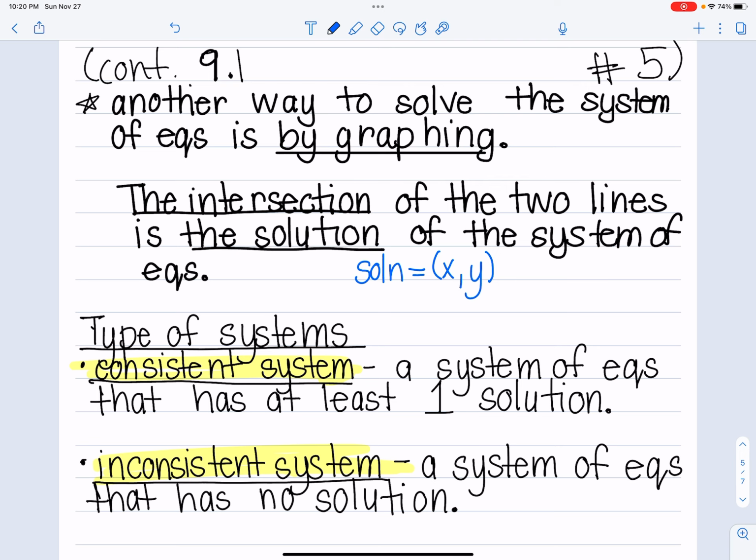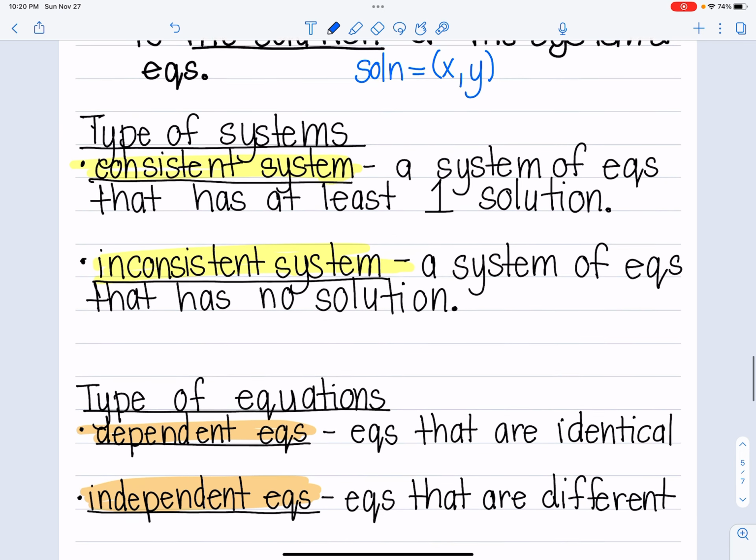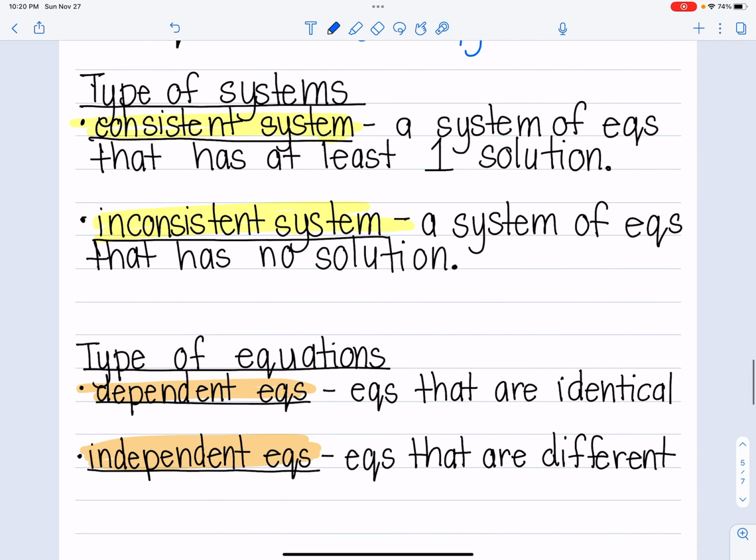Now let's talk about the equations that are in the system. Are they dependent or independent? The type of equations. You can have an independent and a dependent equation. Dependent equations are equations that end up being the same thing. They're identical.